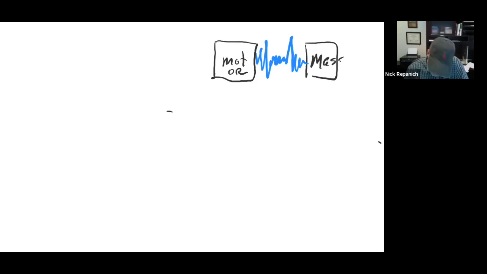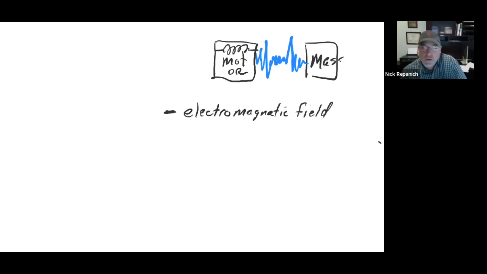Well, we know it's a coil wire, right? So we've got a coil wire, and the first and most important thing we're trying to do is make an electromagnetic field. You guys maybe studied electromagnetics.